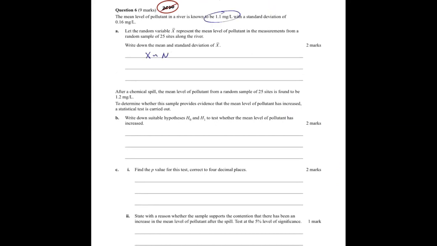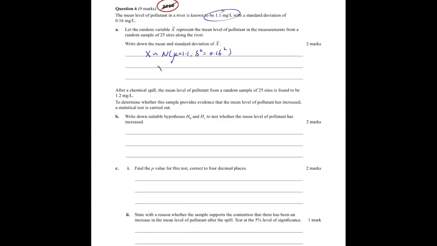X is a normal distribution, mu equals 1.1 milligrams per liter. Standard deviation squared is 0.16 squared, okay? So X bar will be normal distribution, mu still 1.1, but this time I need sigma squared over n equals 0.16 squared over 25.